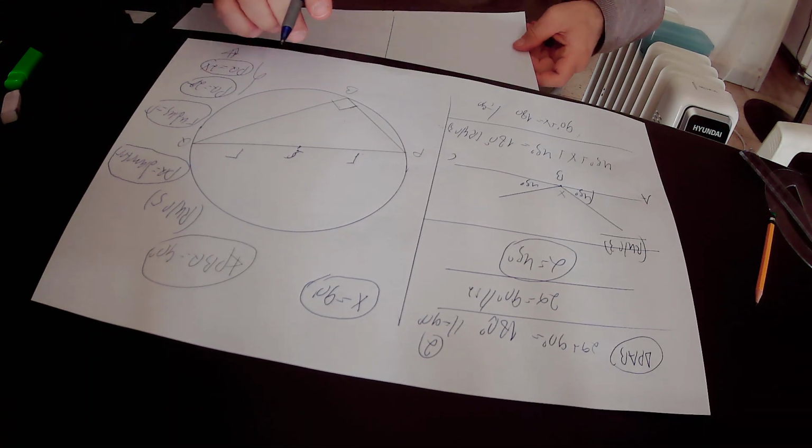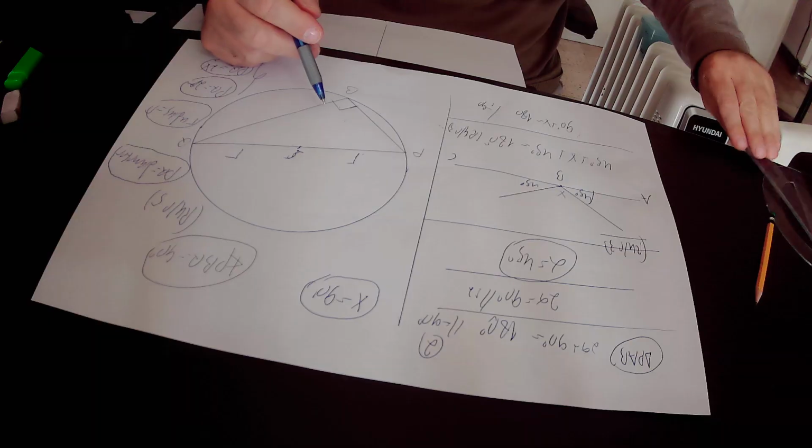In the next step, we join points S and B together by a straight line.